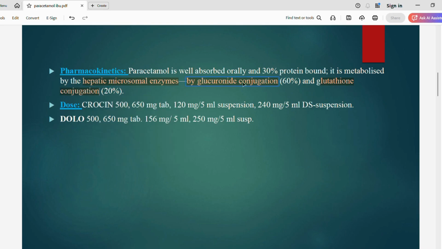So these are the two reactions by which it will get converted and metabolized. Now it is available as crocin and dolo. Crocin may come as 500 mg and 650 mg tablets, as well as Dolo, in 500 mg and 650 mg tablets.